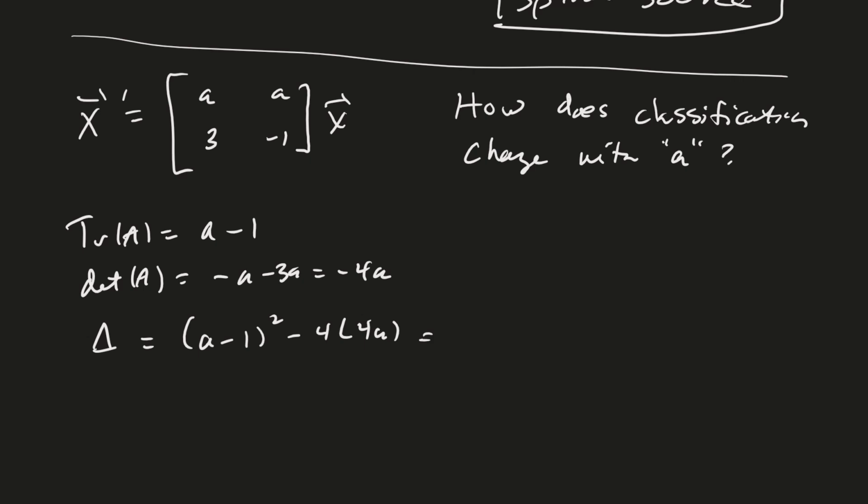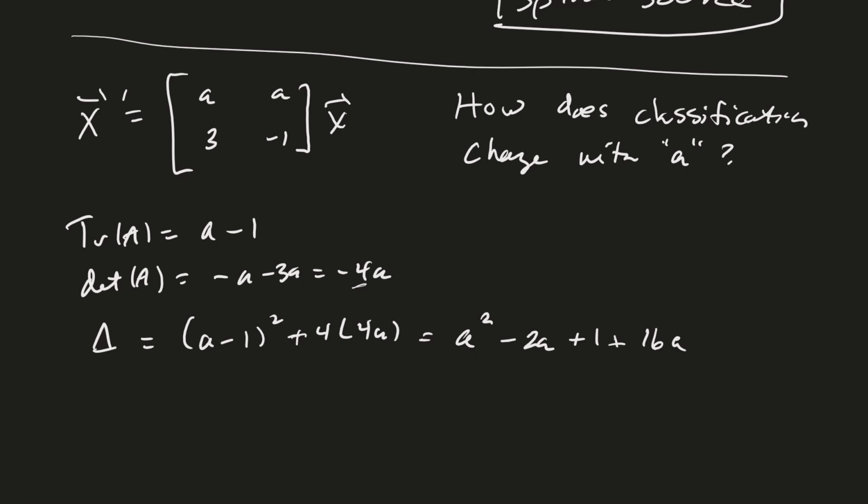Let's see if we can simplify that a little bit. a squared minus 2a plus 1, minus... oops, my determinant was negative, so this should be plus 16a. That's plus.